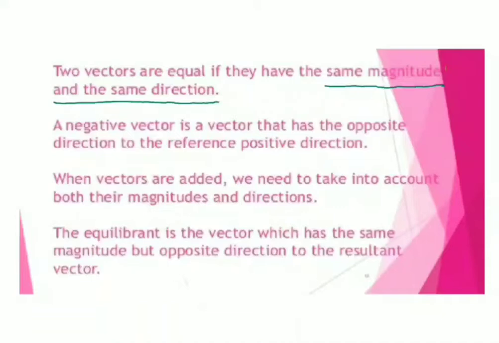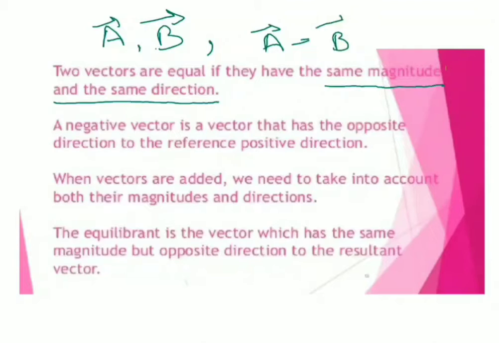For example, we have two vector quantities A and B. If the magnitude and direction of A and B are the same, we can say that vector A is equal to vector B. Now the second one: a negative sign is a vector that has the opposite direction to the reference positive direction.